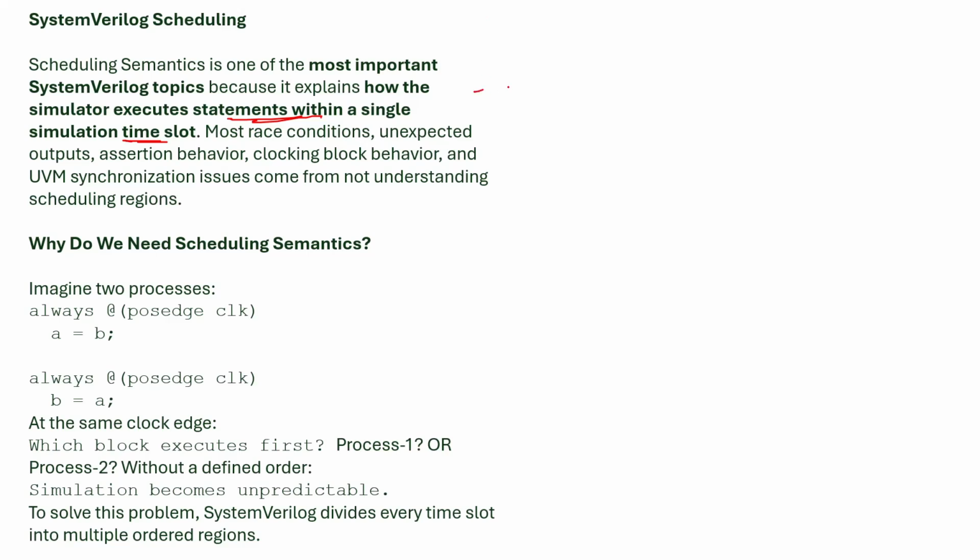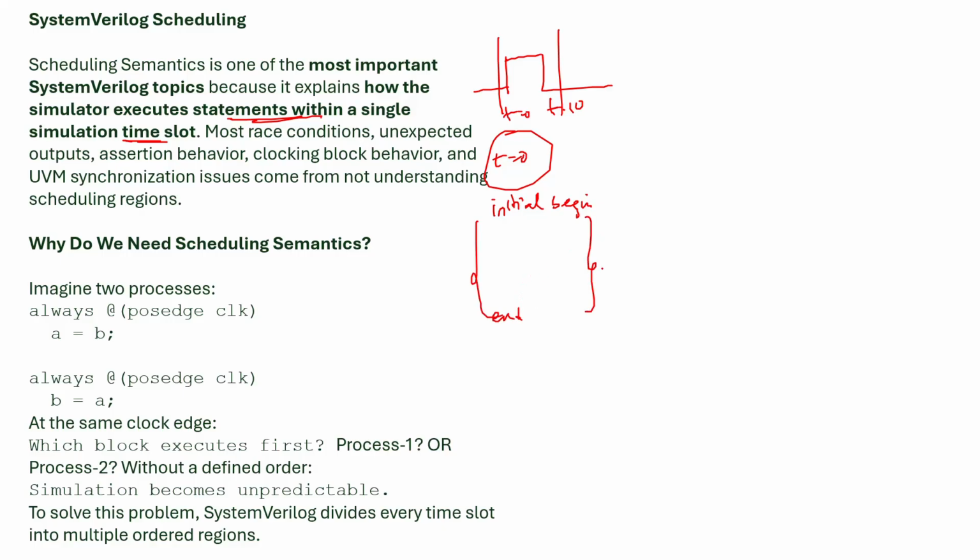This is my clock, t equal to 0 and t equal to 10. In this time slot only it is executing all the signals. That means at t equal to 0, all the initial begin blocks, whatever statements are inside the initial begin end, are executed at t equal to 0 simulation time.